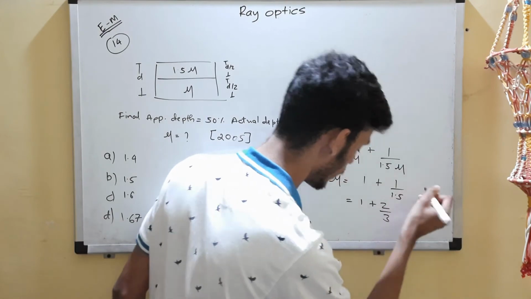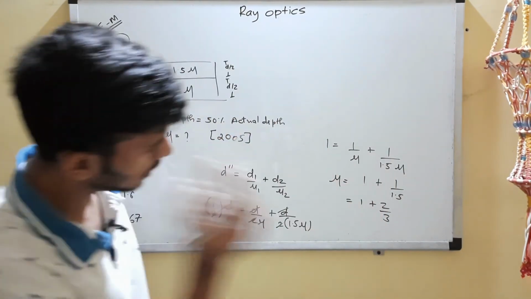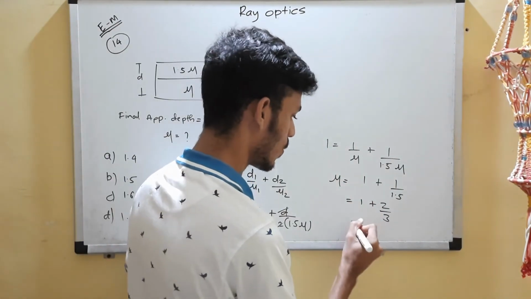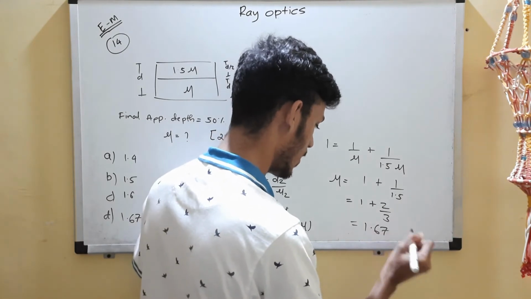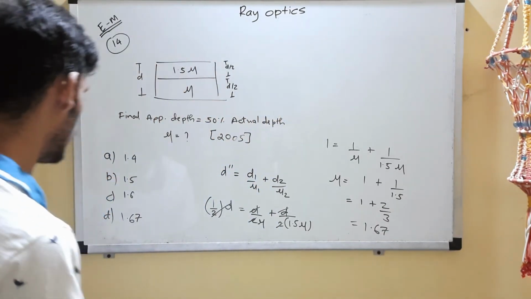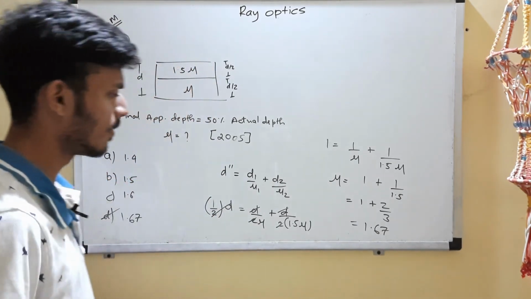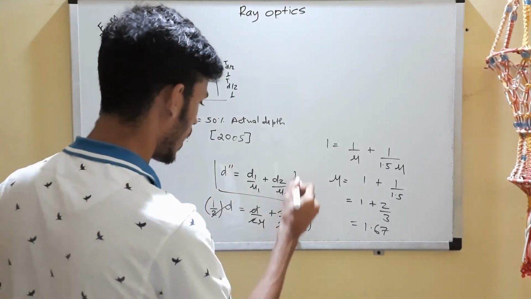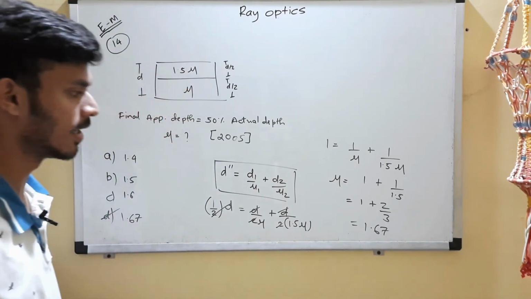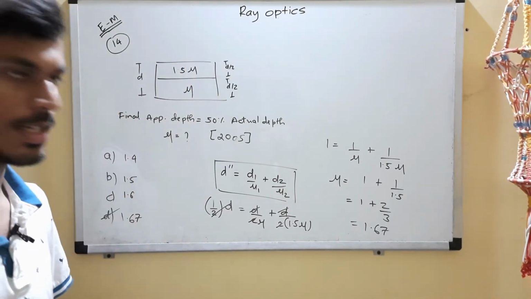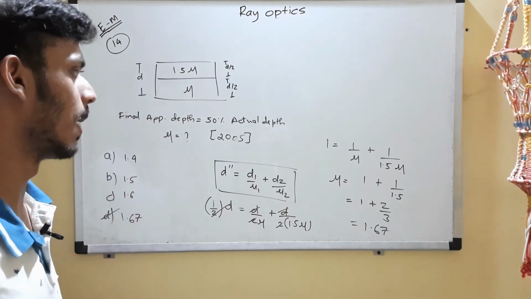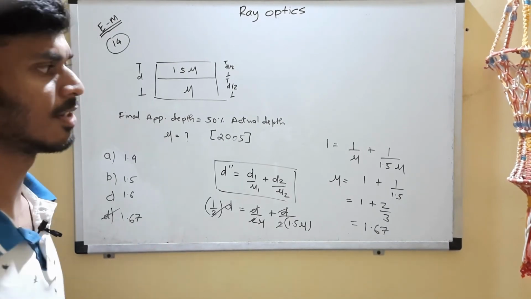So this is 0.67, so 1.67 will be the answer over here. So option D, 1.67 is the answer. Just remember this formula, that the final apparent depth in case of multiple liquids is given by this formula. So that's it from this question.